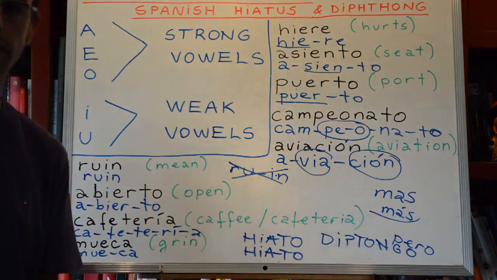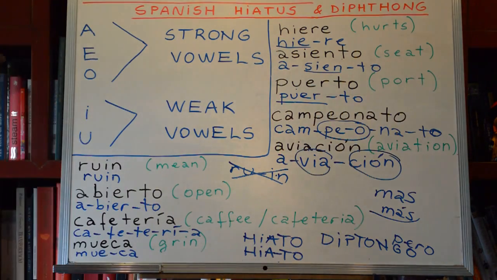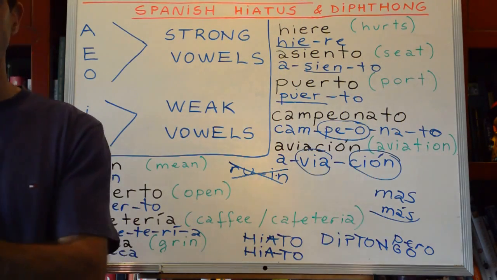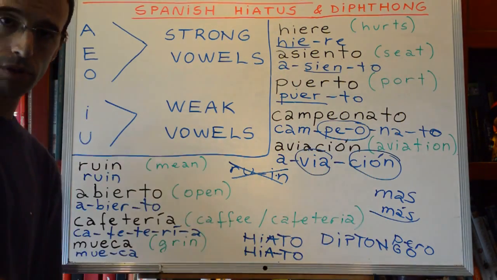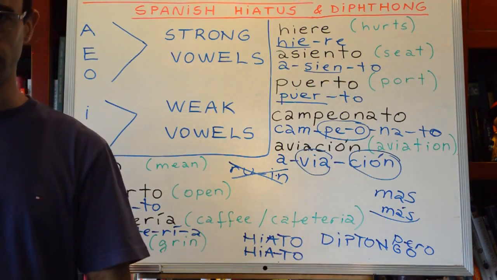Hiato is Spanish for hiatus. Right? Bien, con esto terminamos la clase sobre hiato y diptongo. Here we finish our class about hiatus and diphthong.